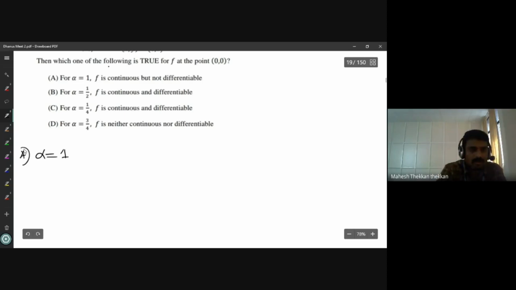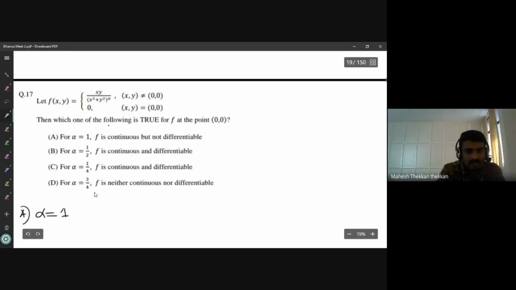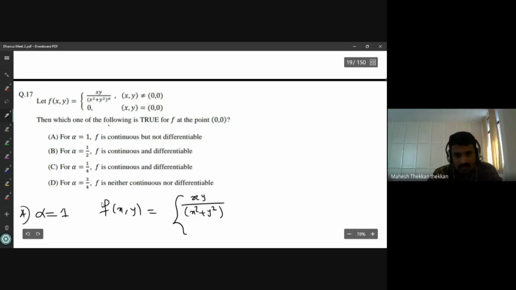When alpha is equal to 1, what is the function? f of xy is equal to xy by x square plus y square, here alpha is 1, for (x,y) not equal to 0, 0, and 0 for (x,y) equal to 0, 0.